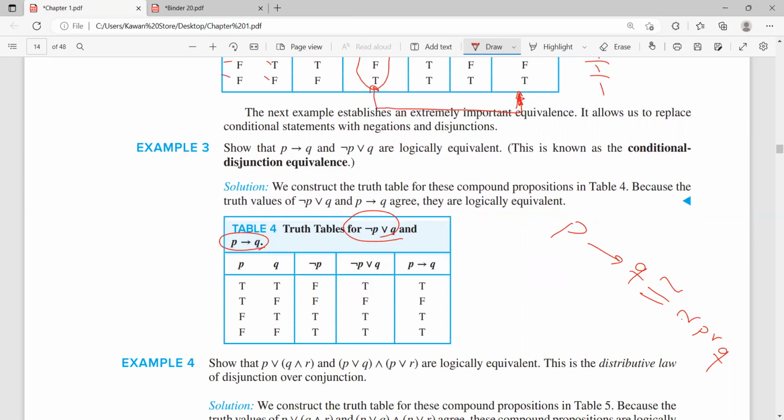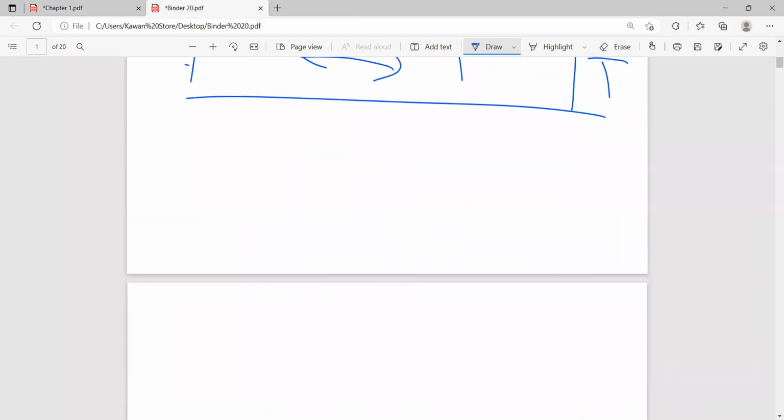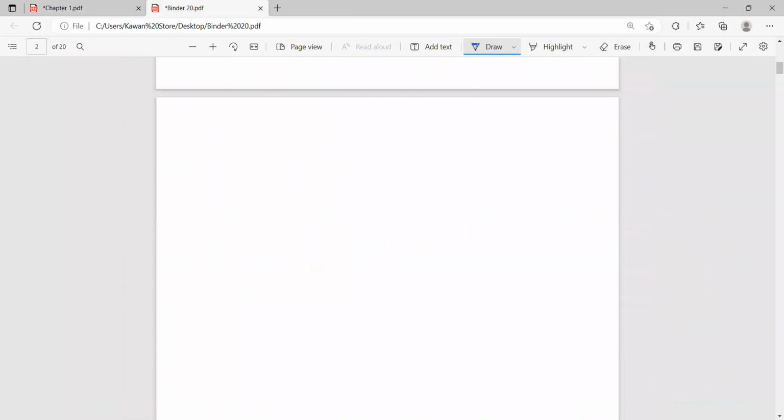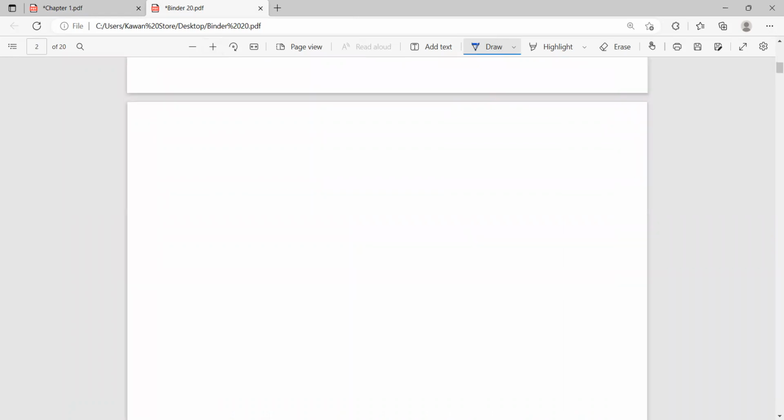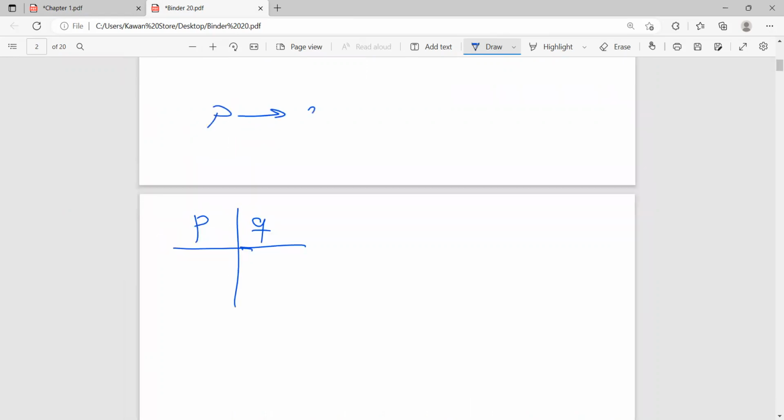Here the question is to show they are equivalent: P implies Q, A, is equivalent to negation P or Q, B.